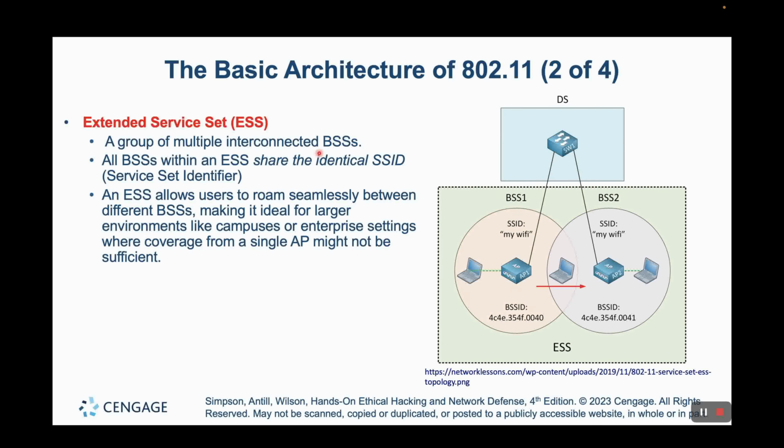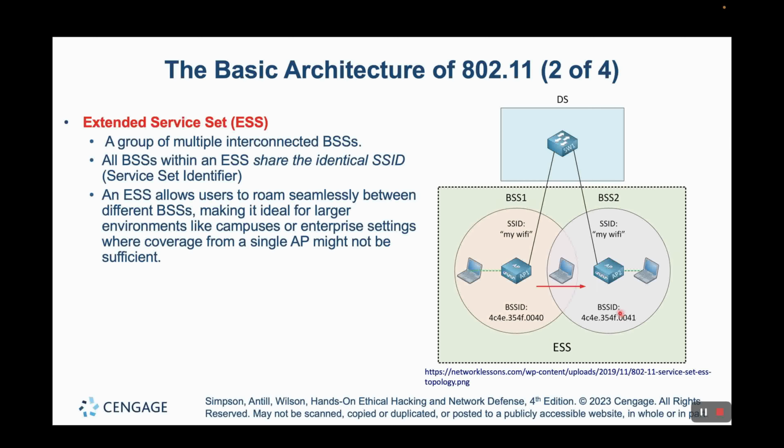Now let's look at the extended service set. Here you can see a group of multiple interconnected BSSs. BSS1 and BSS2 share the same SSID, and each of them has a different access point. Each access point, of course, has a different MAC address.